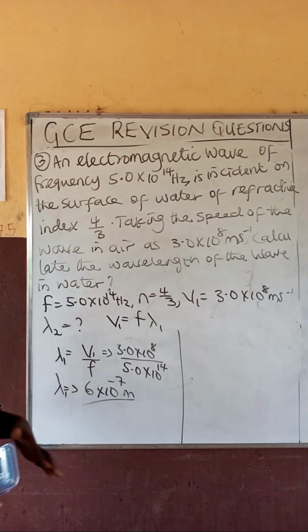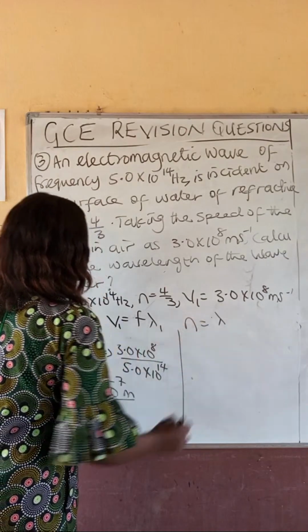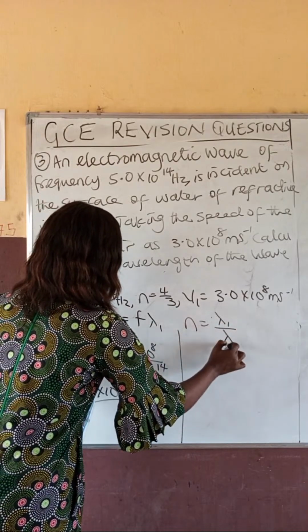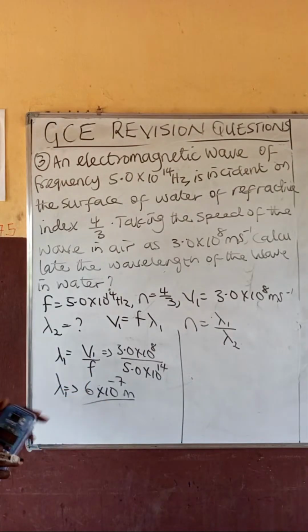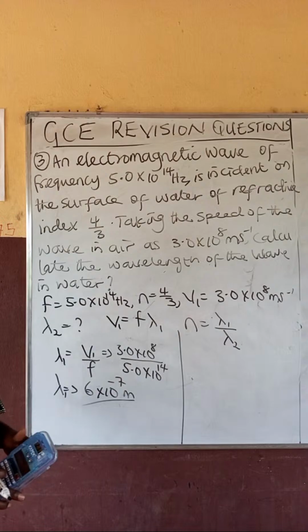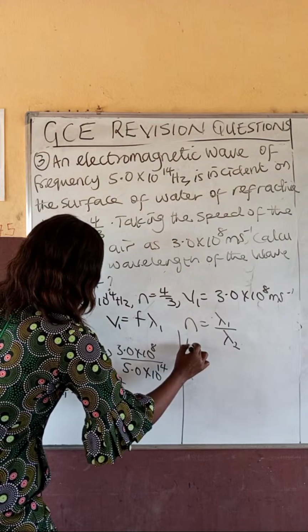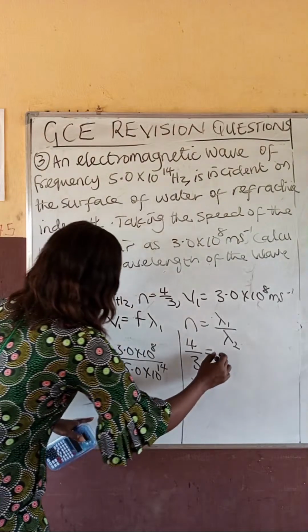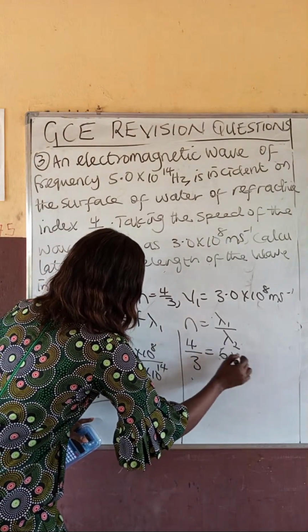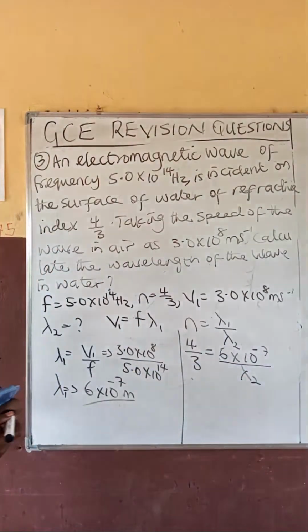And we are using the relationship connecting the refractive index and the wavelength. So that is n is equals to wavelength in medium 1 over wavelength in medium 2. Is that clear? And we're looking for wavelength in medium 2. We have used this relationship to get the wavelength in medium 1, so we can solve. So I will say 4/3 is equals to the wavelength in medium 1, that is 6 times 10 raised to power minus 7, divided by wavelength in medium 2.